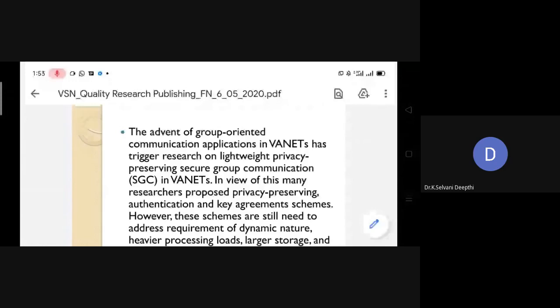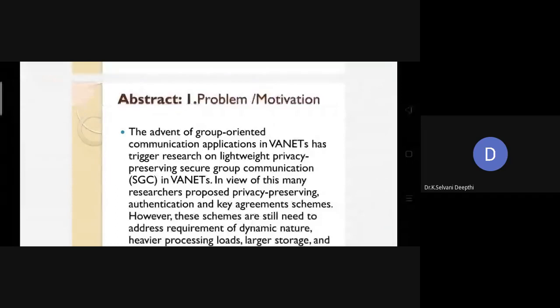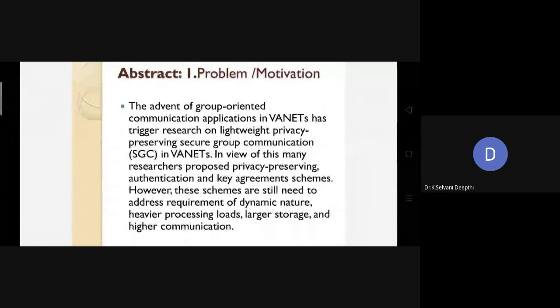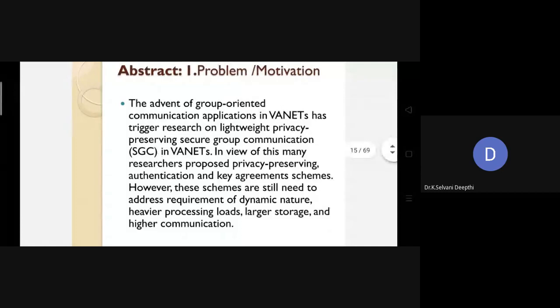Advent means the developments: the rapid growth of group-oriented communication applications in VANETs has triggered, that is, has motivated, research on lightweight, privacy-preserving, secure communication in VANETs. That is the problem you are having. So this group communication is a very interesting and developing area, so we have to address lightweight, privacy-preserving, secure communication in VANETs.